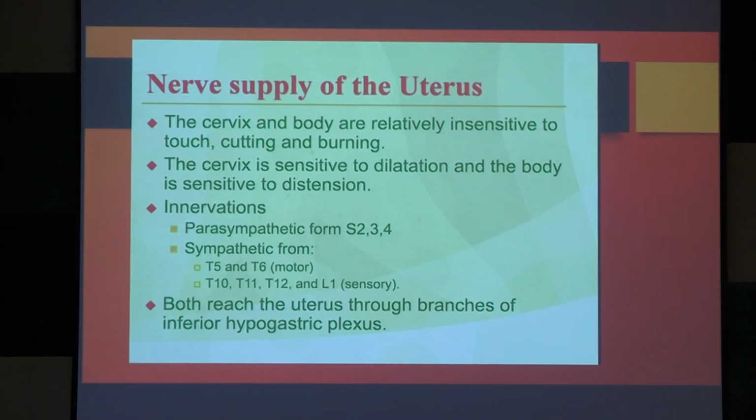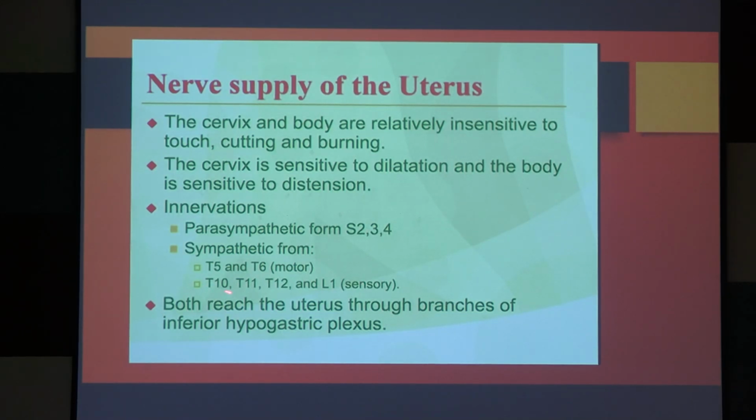Nerve supply is important because, number one, when we give regional anesthesia, we have to know at which segment of the thoracic and lumbar areas to put the anesthetic drugs. For spinal anesthesia, you see parasympathetic and sympathetic supply. Sympathetic is from T5, T6 motor, and T10, 11, 12 sensory.